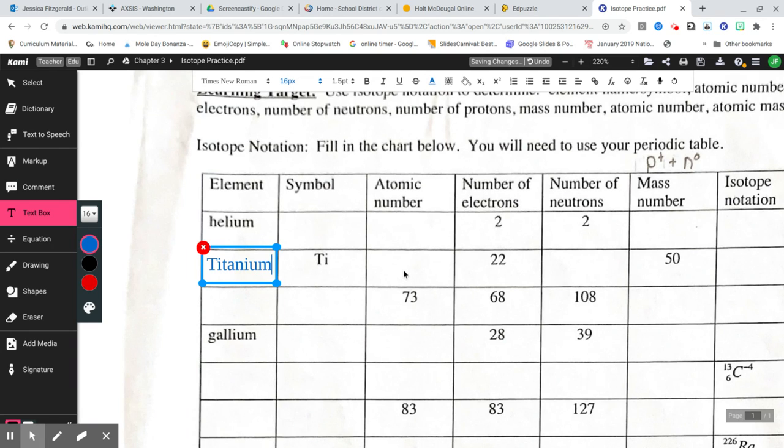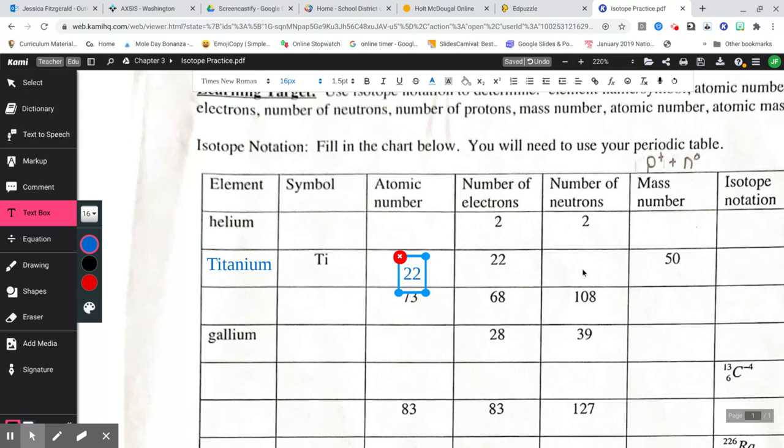You go to the periodic table to look up its atomic number. That's your whole number, the number right above your element symbol. So that's 22. It has 22 electrons, so that means it will not have a charge. It's an atom, not an ion.